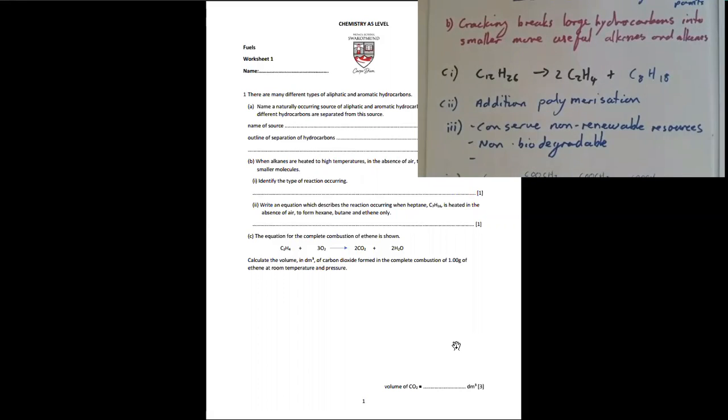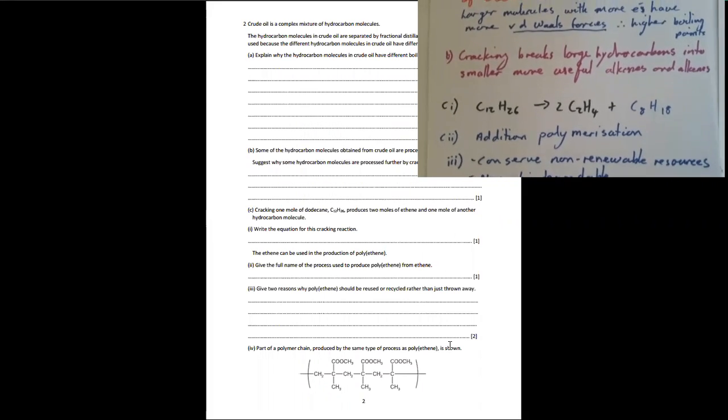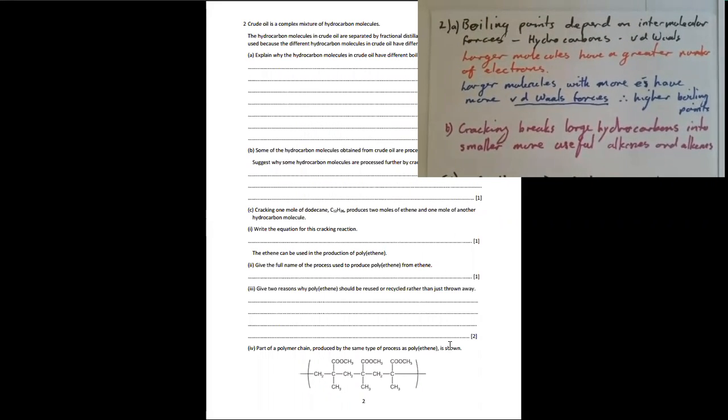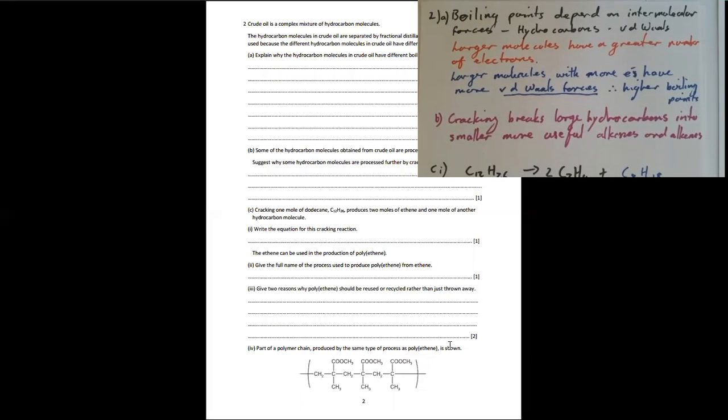Okay, let's move on to my second question in here. Right, so crude oil is a complex mixture of hydrocarbons. Now they say, explain why the hydrocarbon molecules in crude oil have different boiling points. Now listen, this is due to the intermolecular forces. So I would make a statement and say, boiling points in this case depend on intermolecular forces.